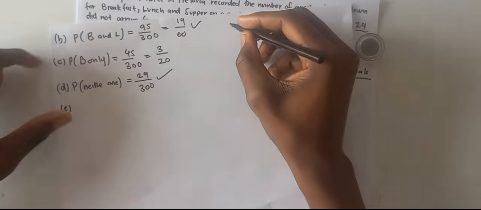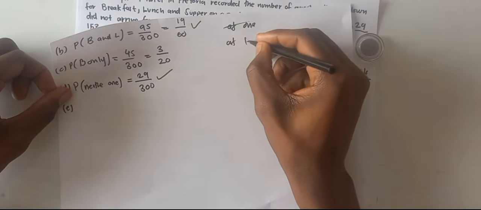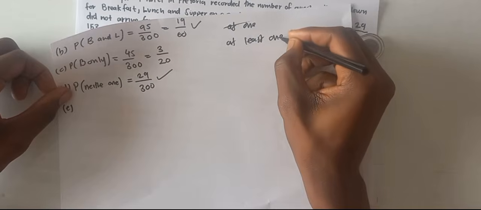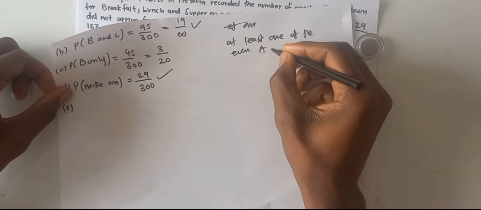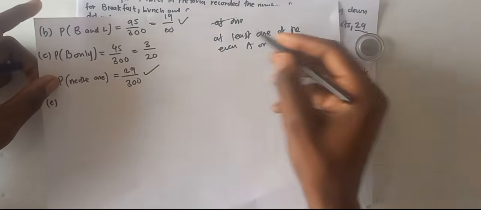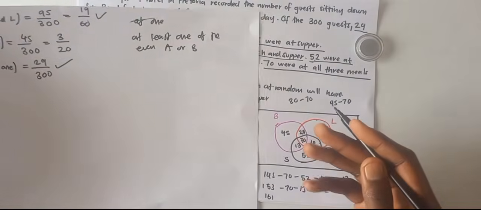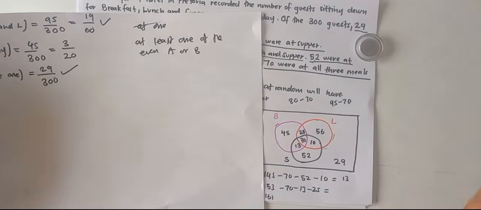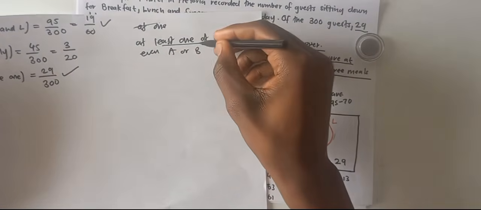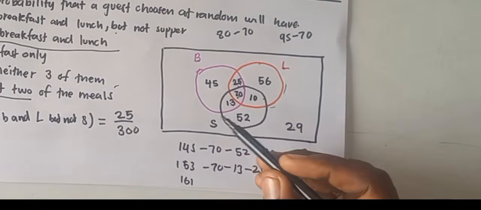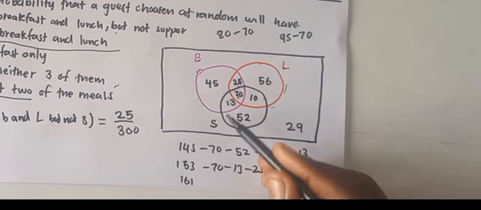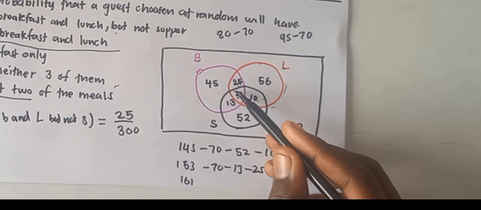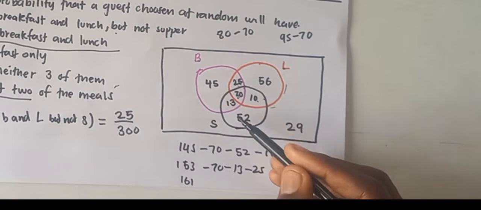When they talk about at least one of the events A or B, it means they want those who are either A or B or both. So still the same thing. When they say at least 2, what they mean is someone who is in at least two of these, or in all 3 of them.